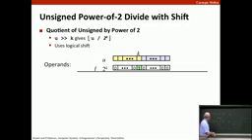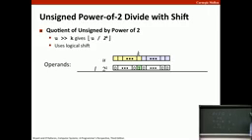The signed case, which I don't have a slide for, is a little bit less pretty. Well, first of all, you notice if it's a positive number, shifting right is going to be the right thing, just as it is for unsigned.